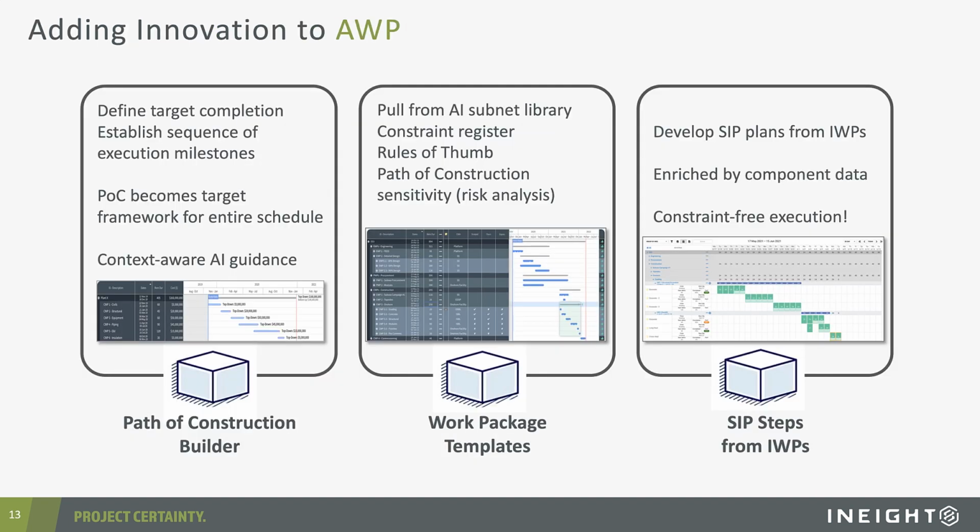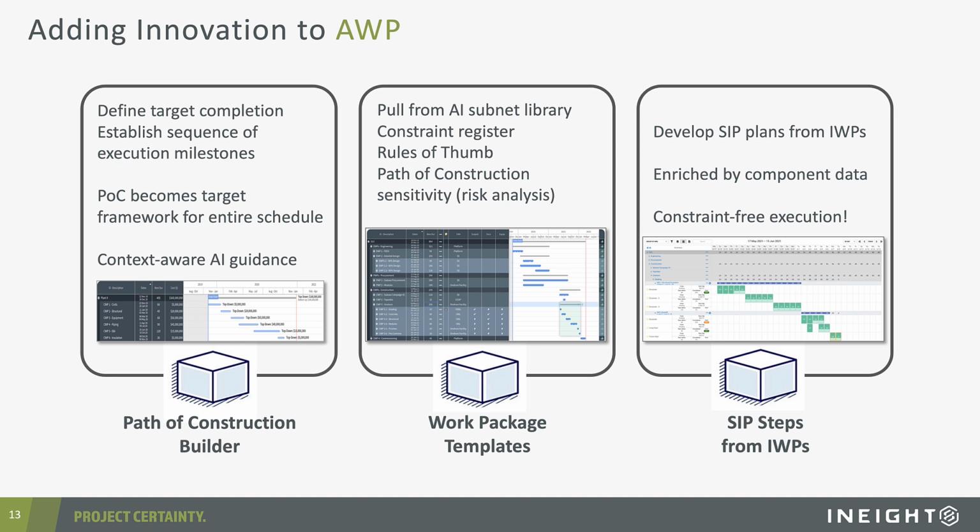So additional innovation areas that we are looking at and certainly implementing within the InEight AWP solution, the concept of having a path of construction builder. And again, I alluded to this in a prior slide, but rather than starting with a blank sheet of paper and trying to forecast those high-level path of construction elements, perhaps I'm a more junior planner that doesn't necessarily have the benefit of those prior projects to leverage from.